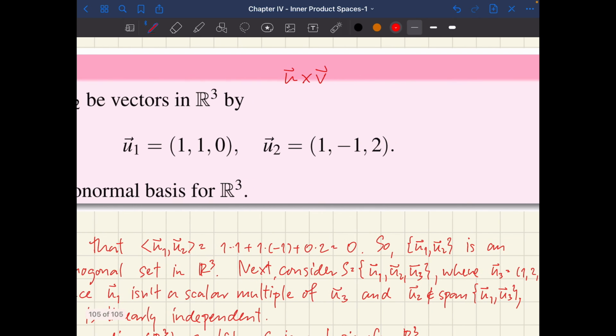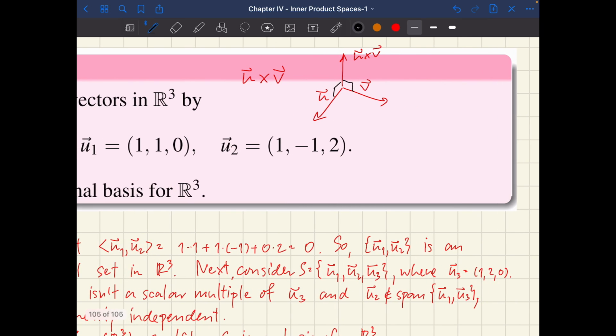And what is u cross v? The u cross v is the vector obtained by the right hand rule. If you have a vector u and a vector v, the vector u cross v is this vector. The property of u cross v is that u and v are orthogonal to u cross v.